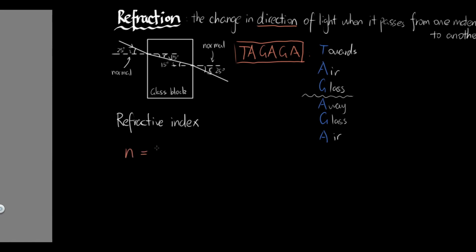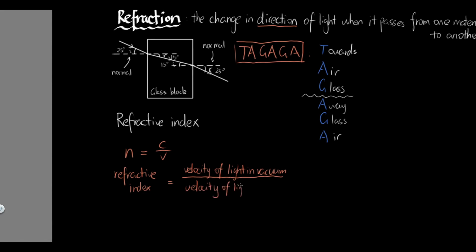So n equals c divided by v. What this means is that the refractive index is equal to the velocity of light in space, in a vacuum, over the velocity of light in that substance or in that medium.